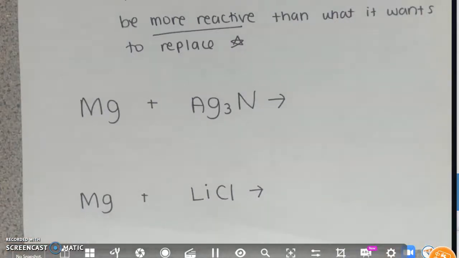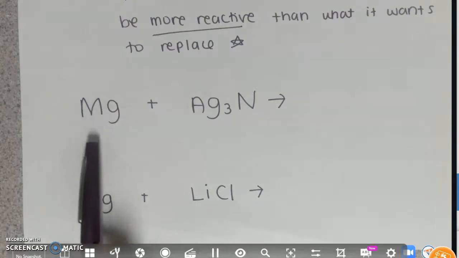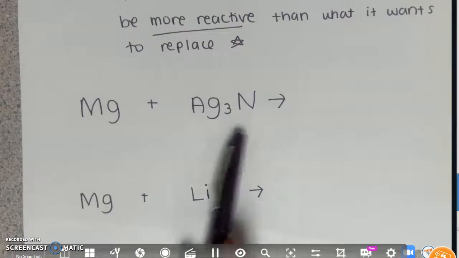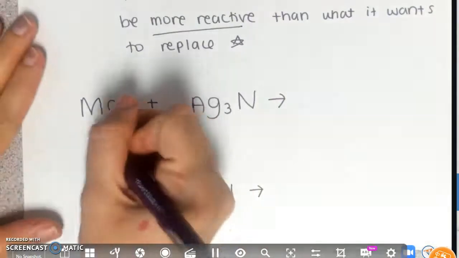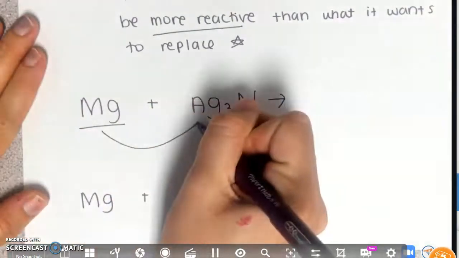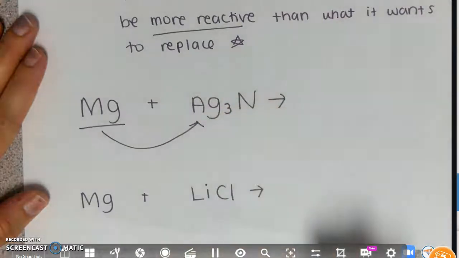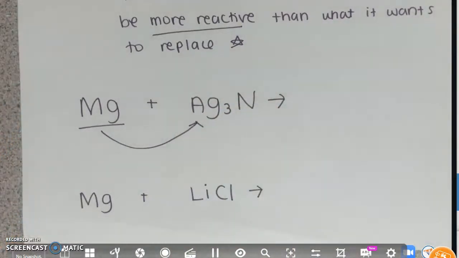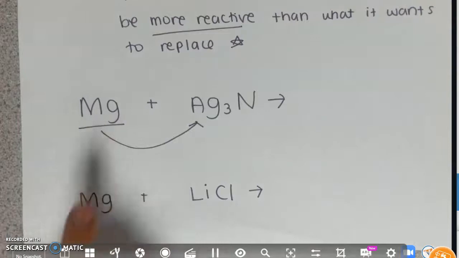Mg plus Ag3N. So when you look at this, Mg is magnesium. Magnesium is a metal. In single replacement reactions, metals want to replace the metal in the compound. So magnesium wants to replace silver, the Ag. You need to go to your list. Magnesium is by itself.